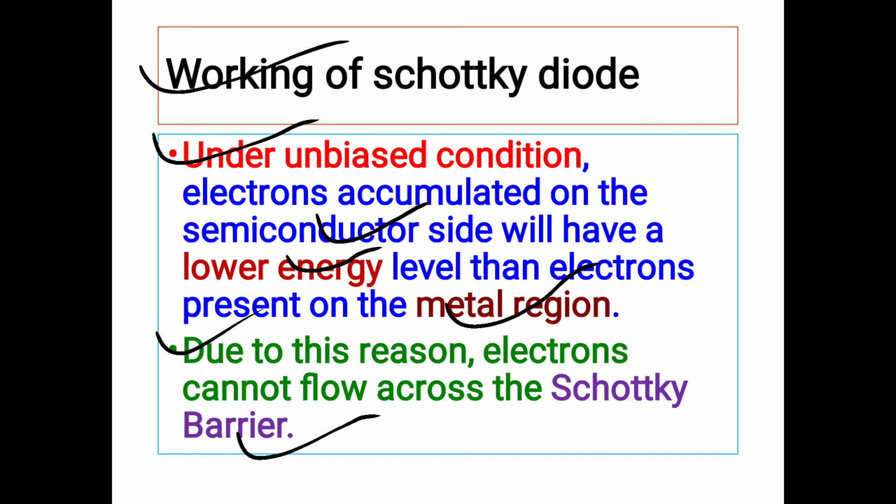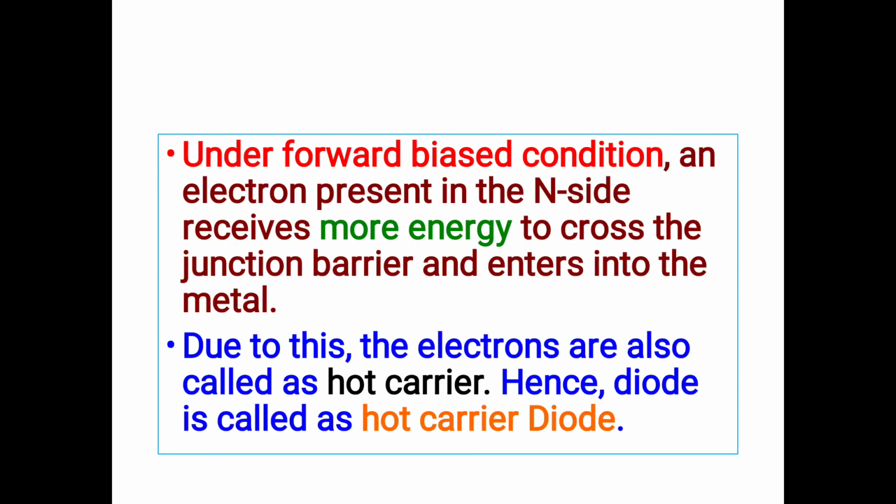So the Schottky barrier is the barrier which is formed between the metal and the semiconductor. Under the forward bias condition, an electron present on the n side receives more energy to cross the junction barrier, and it will enter into the metal. Due to this reason the electrons are also called hot carriers, and hence this diode is also known as the hot carrier diode.